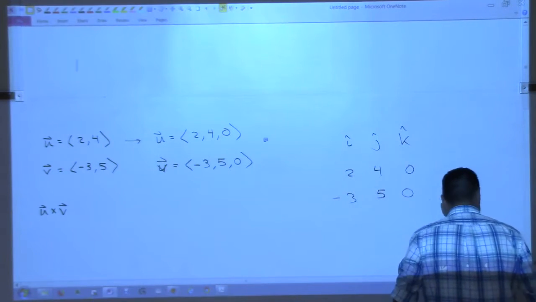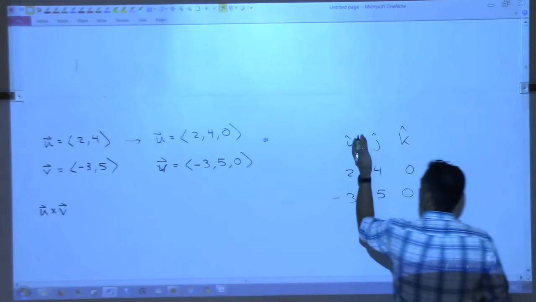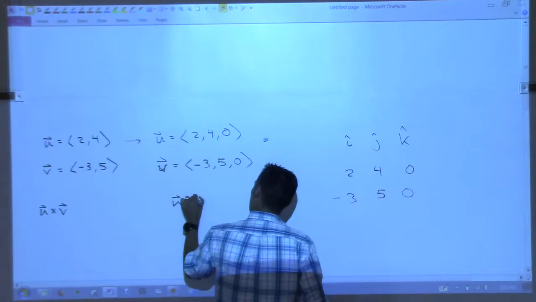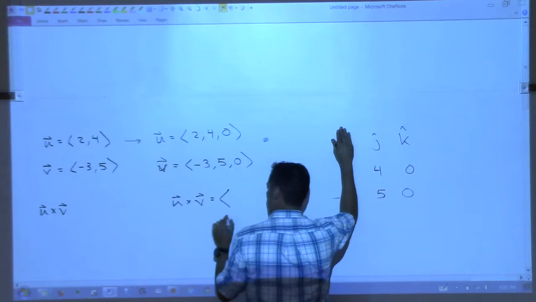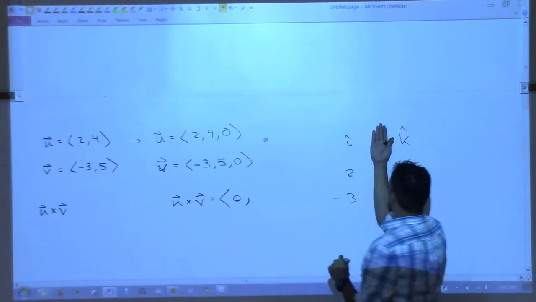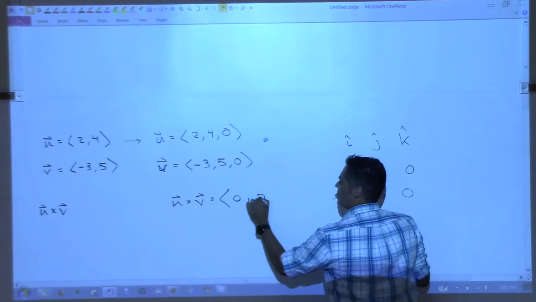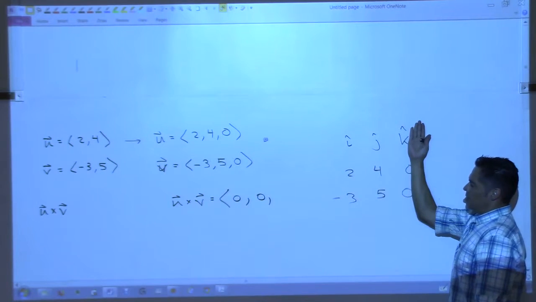All right, so when I do this, check it out. Crossing these. Cover. What's that? 0. Cover. 0 again. See? And then here, this piece: 10 minus negative 12. So 22.